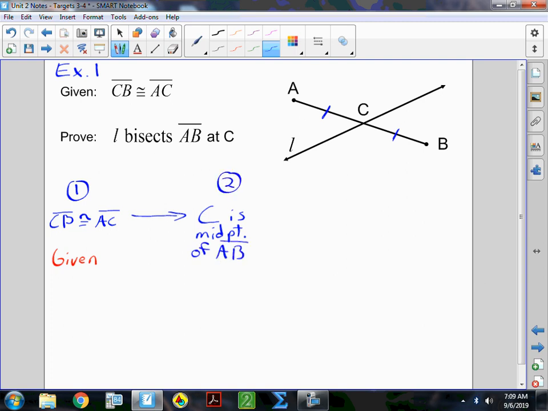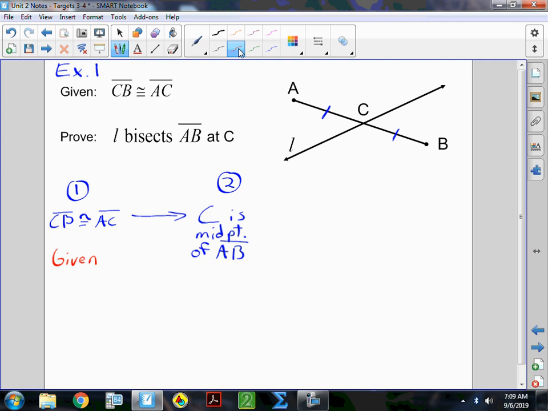It's my second statement. My reason is the law of detachment. I have an if-then statement. If I have a segment split up into two congruent segments, then the point in the middle is the midpoint. That's my if-then. And I have the true given for my hypothesis.